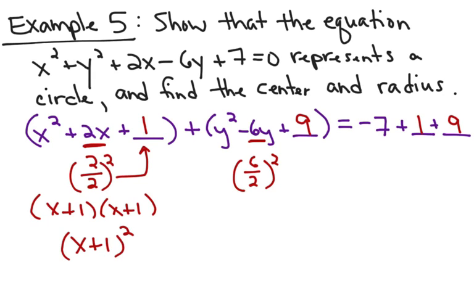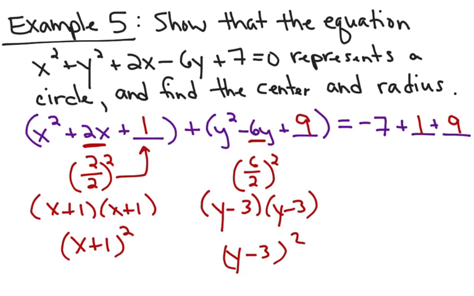So perfect square trinomials are really easy to factor. In the y parentheses, the two numbers that multiply to give you 9 are 3, and because you need the two numbers to add to negative 6, when you factor this, you get y minus 3, which ends up being y minus 3 squared.